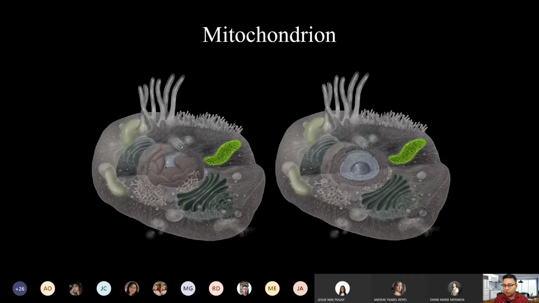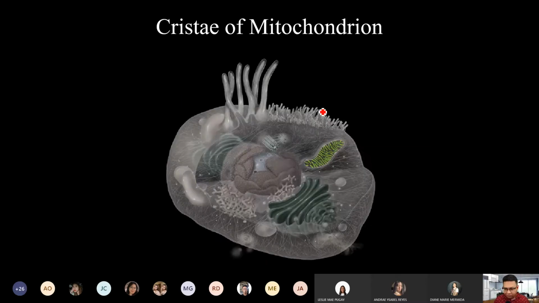This is your mitochondrion. Pag nakikita niyo yung folds sa gantong image, hindi talaga kita yung folds. Usually yan, cross section para lang makita niyo na may folds sa gitna. Okay? So the cristae of our mitochondrion ay itong mga folds na to.